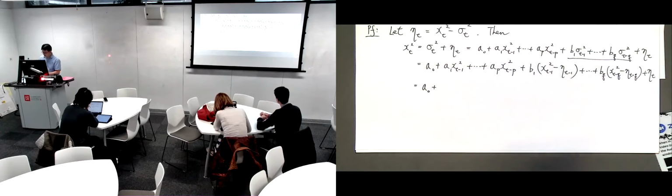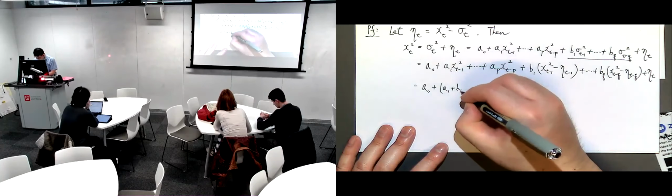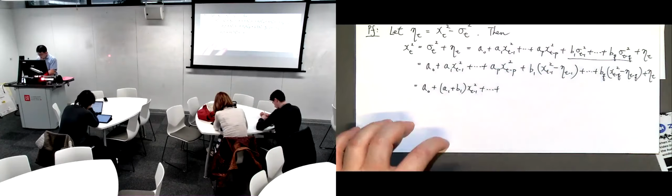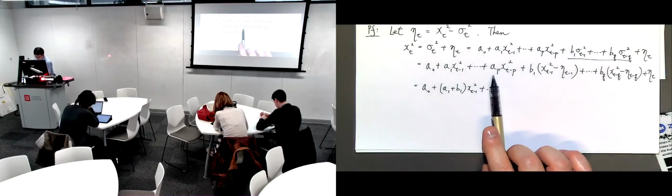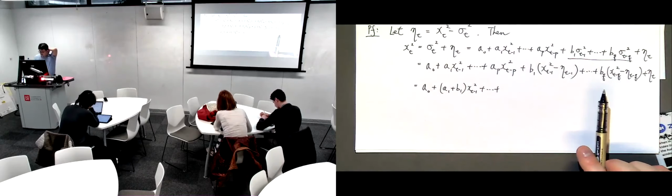For x_{t-1} squared, that's a1 plus b1. And all the way up to ap x_{t-p} squared and bq x_{t-q} squared. So how to collect them?